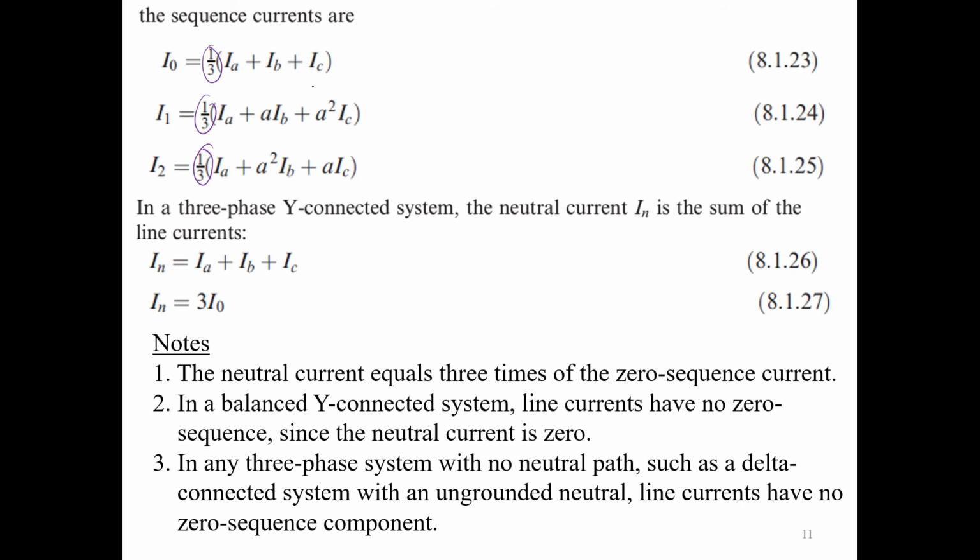Now again, if the three phases are Y connected, the neutral current is three times the zero sequence. Why is it so? If it is Y connection, the neutral point, which is a common point of the star or Y connection, is where phases A, B, and C meet.